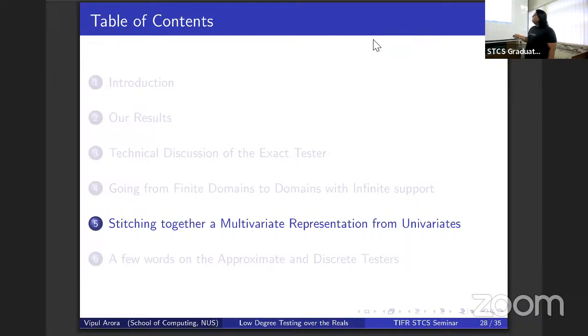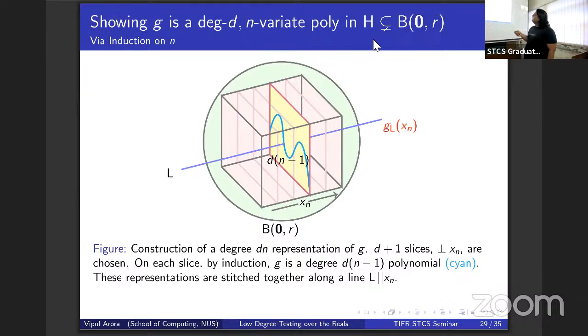Let's quickly see how we construct a multivariate representation from univariates. So it's a vectorial argument over here. The argument follows via induction on the number of variables n. So you take this hypercube H, you take D plus 1 many parallel slices of the hypercube H. And by the inductive hypothesis, on all of these D plus 1 many slices, you have the function G to be a degree D, n minus 1 variate polynomial.